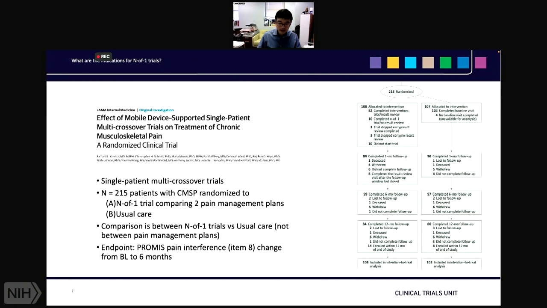It is an interesting study design in that participants are not randomized to a pain management plan. Rather, participants are randomized to an N-of-1 trial that compares different pain management plans. To be specific, each individual will be given 2 plans, and then they'll be tested throughout the experimentation period.